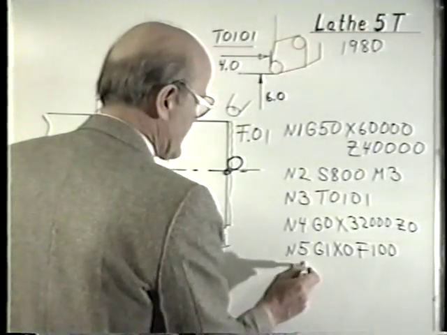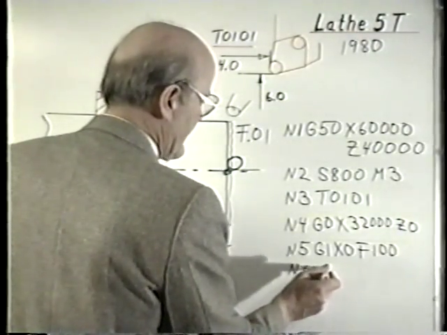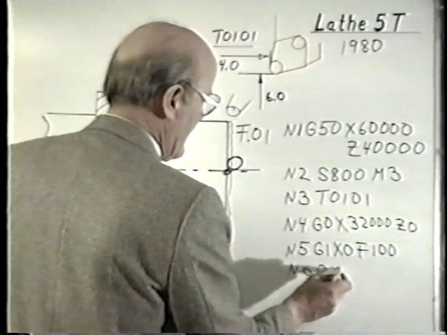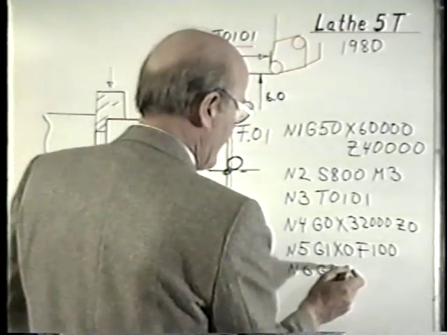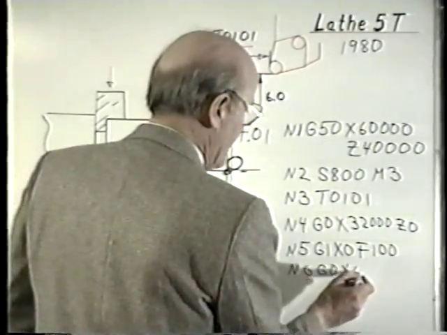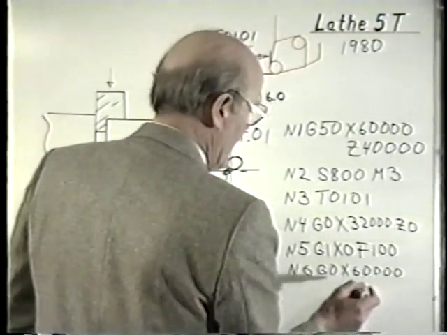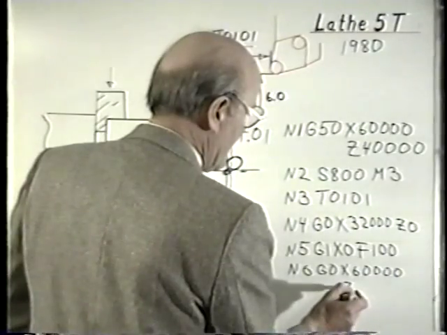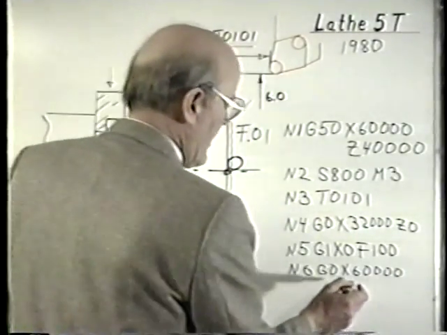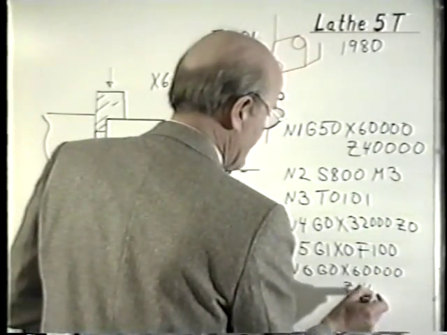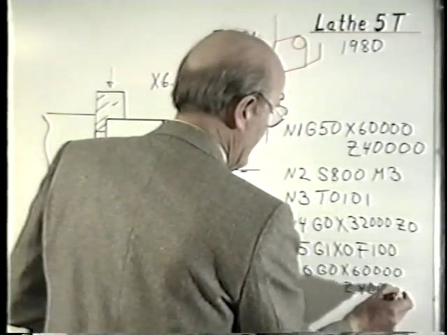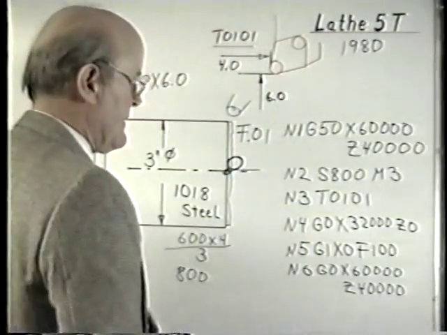So in line number 6, we would say wrap it back to where we came from, to X6 with our 4 digits and Z4 with our 4 digits, and we're finished.